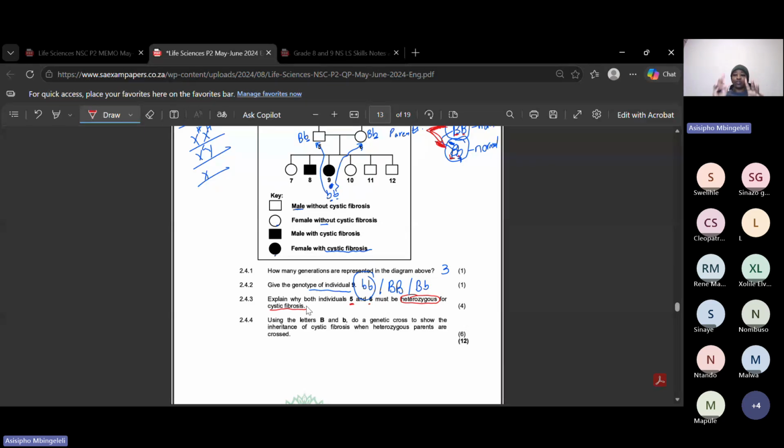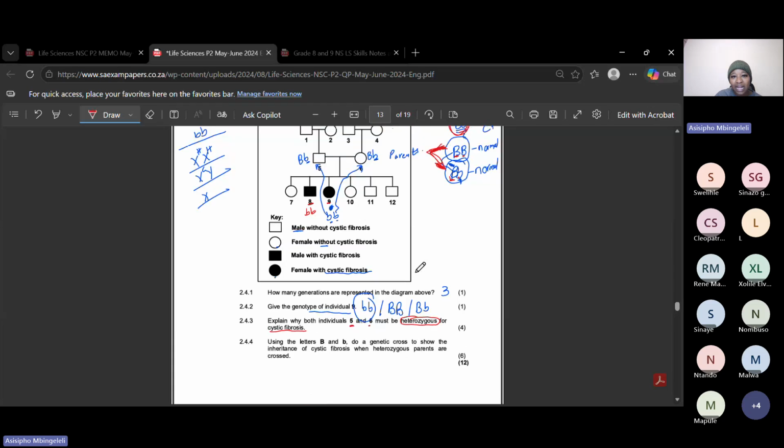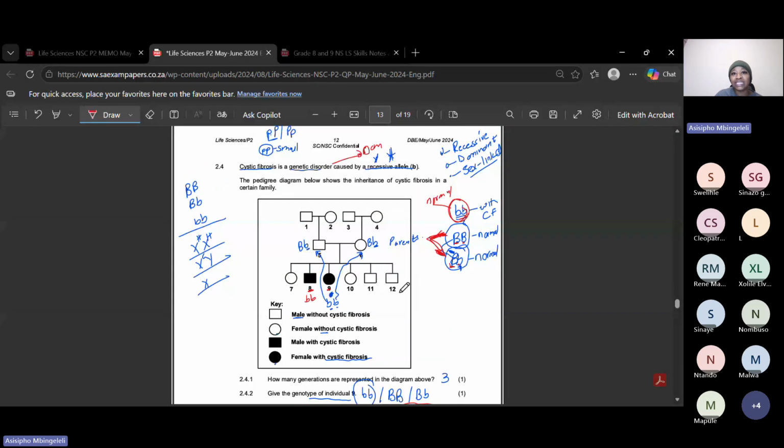Why are you saying individual 5 and 6 are heterozygous? They've given you the answer. The reason they are both heterozygous is because the offspring 8 and 9 have the genotype small b, small b. They would have inherited one small b from each parent, meaning the cystic fibrosis allele from each parent.